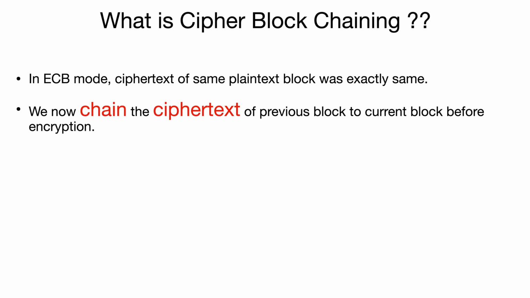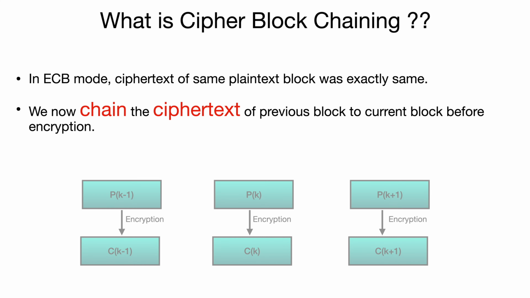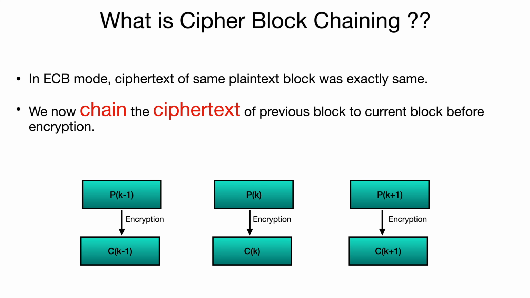What does it mean? It means that suppose we have the encryption of p_k-1 as c_k-1, p_k as c_k, and p_k+1 as c_k+1. Then we take c_k-1 and XOR it with the plaintext of the current block, that is p_k, and then we do the required encryption.